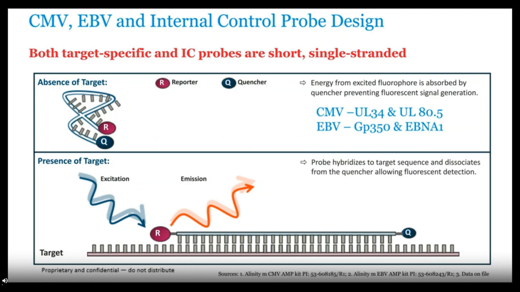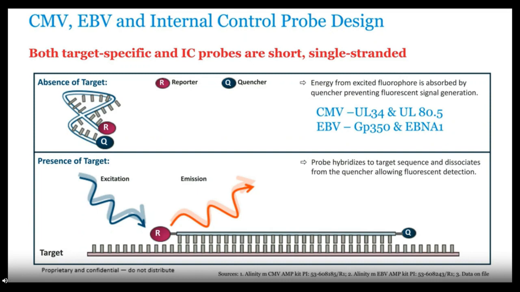single-stranded DNA fragments that have both a fluorescent reporter molecule and a dark hole quencher. In solution, in the absence of the specific target, the probes take a random coil configuration which keeps the quencher close to the reporter molecule.